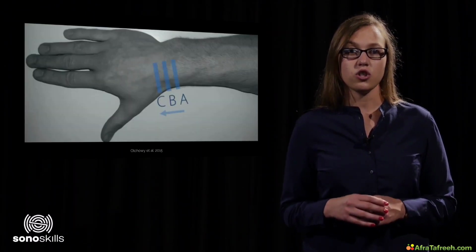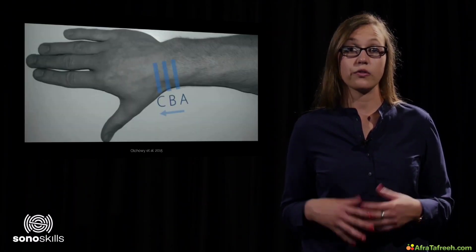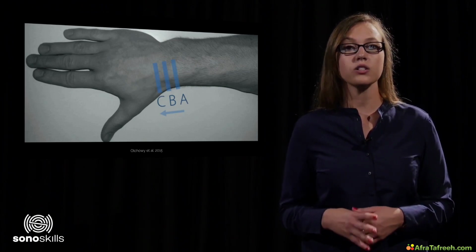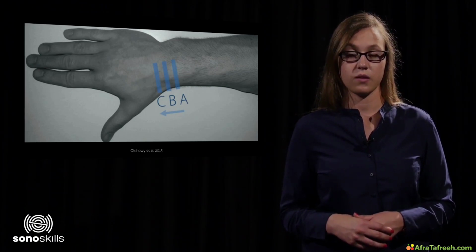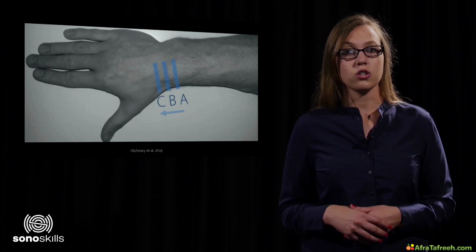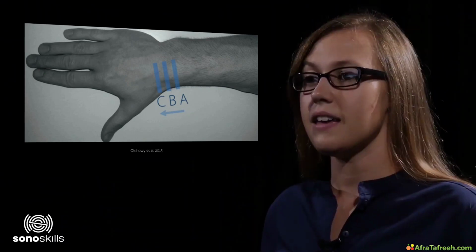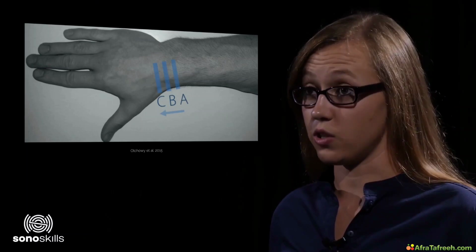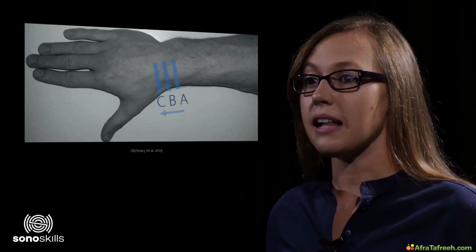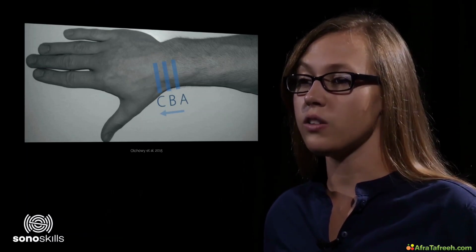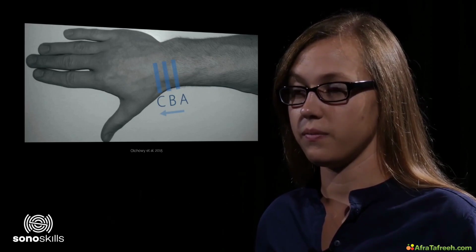The transducer should be placed transversely, or with a short axis view, on the ulnar side of Lister's tubercle. From there, the transducer should be swept distally to observe the EPL course. The image shows at A, the starting position, the EPL tendon situated on the ulnar side of Lister's tubercle.